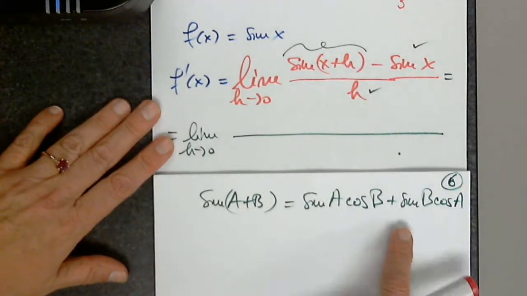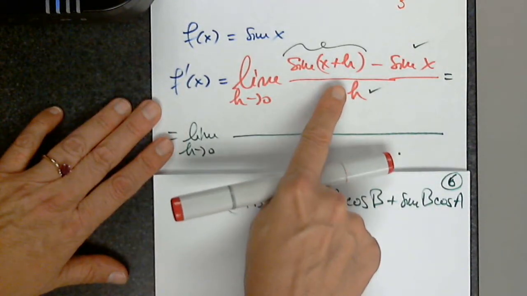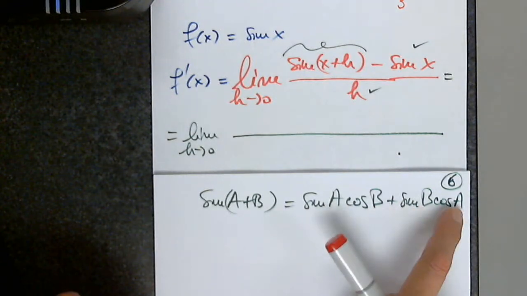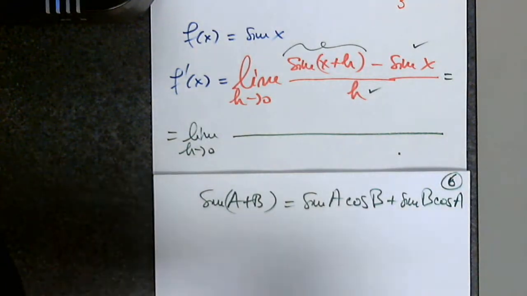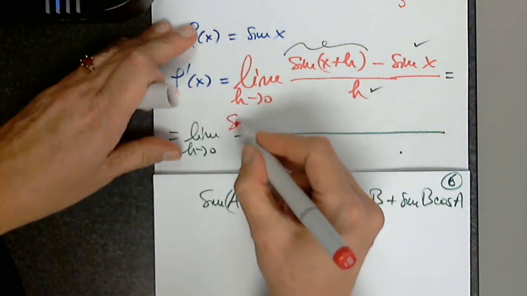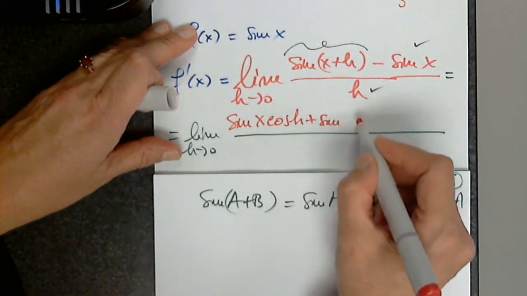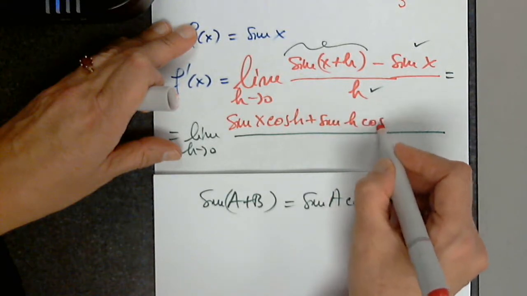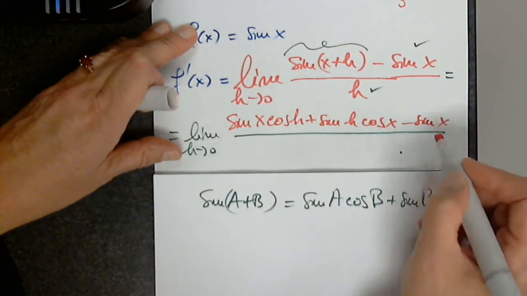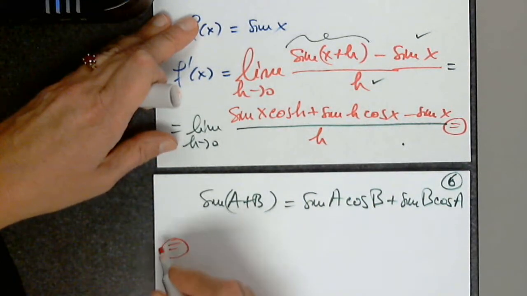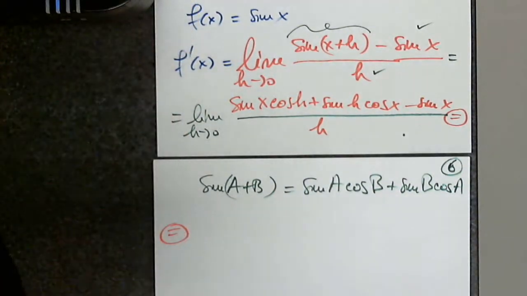So this is what I have to write that replaces sine x plus h: sine x cosine h plus sine h cosine x. So let's write that. Sine x cosine h plus sine h cosine x, minus sine x, divided by h. Okay, that was the first step, the first identity that we had to remember.